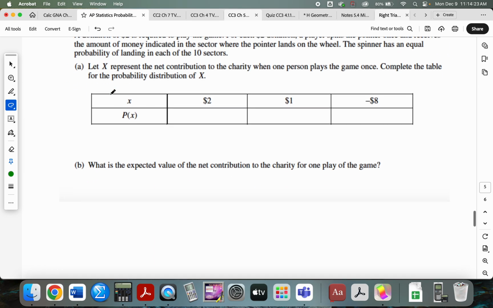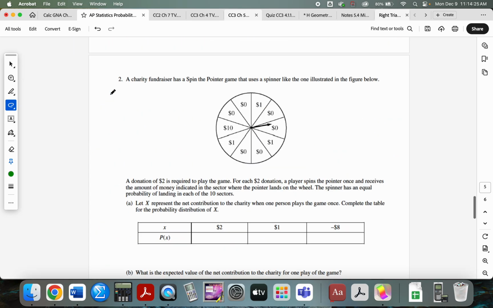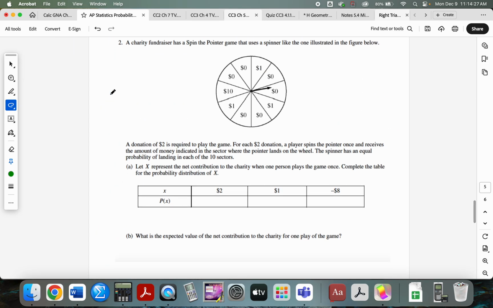This is part of a free response question. A charity fundraiser has a spin-the-pointer game that uses a spinner like the one illustrated in the figure below. A donation of $2 is required to play the game. For each $2 donation, a player spins the pointer once and receives the amount of money indicated in the sector where the pointer lands on the wheel.